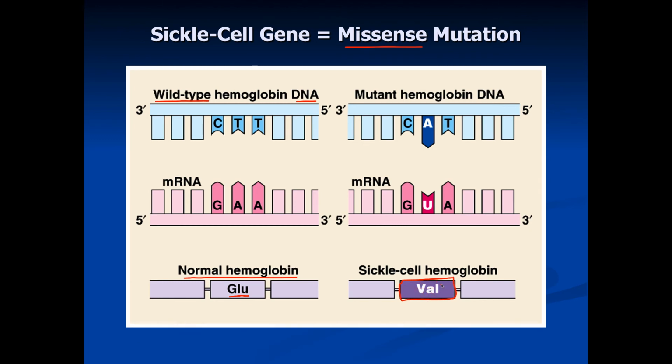Now the question is, does the hemoglobin protein for someone who has sickle cell function normally? Does it have an effect? Does it change things? The answer is absolutely yes, it changes things. These proteins clump together differently. They change the shape of the red blood cells.